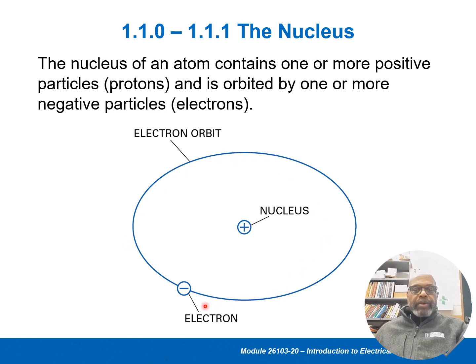So again, if it only has one electron in the outer shell, it becomes a conductor. If it's three or more, it becomes a semiconductor or insulator. If you have more than four, it's becoming an insulator. Some things like insulators would be glass or rubber, ceramic, things that do not conduct electricity.